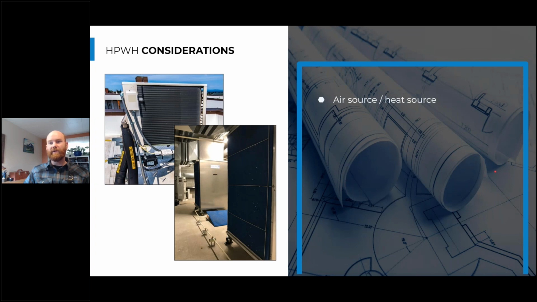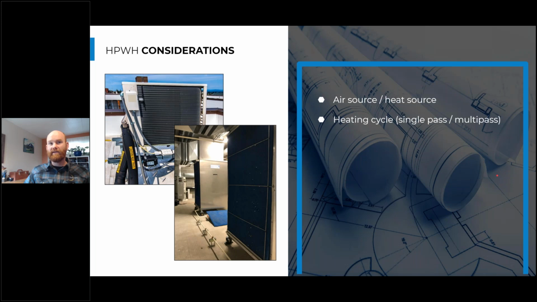And so there's a few considerations. This is kind of our bullet point list for us to hopefully refer back to when we're working on a heat pump water heating system, is we need an air source or a heat source for these products. They're moving heat out of the air, putting that heat into the water. So we want an air source or a heat source that is there and available at all times of the year, because we have a hot water load at all times of the year in our multifamily buildings.